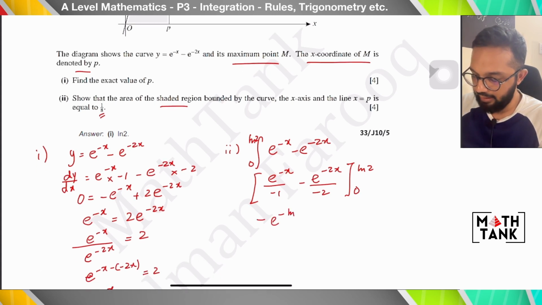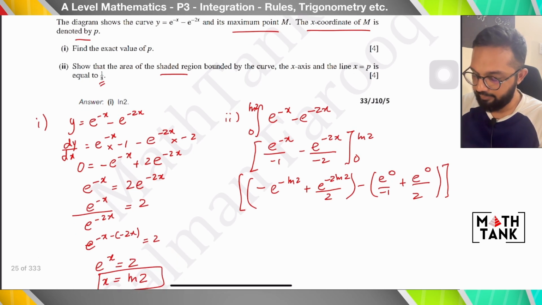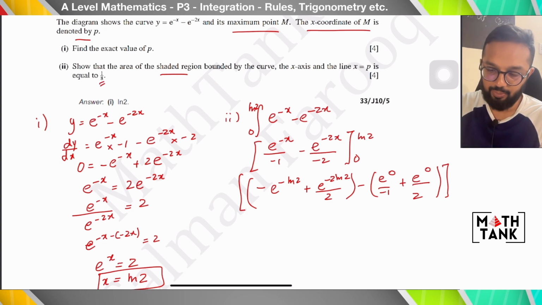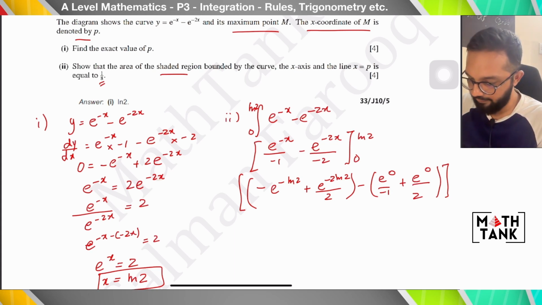Minus e power minus ln 2 plus e power minus 2 ln 2 over 2, minus e power 0 over minus 1 plus e power 0 over 2. So minus e power minus ln 2 should give me minus half.